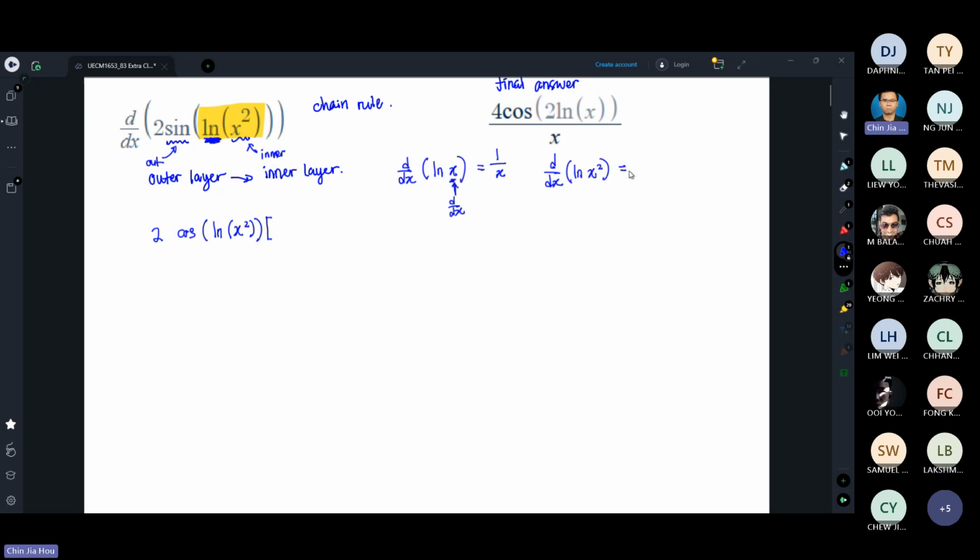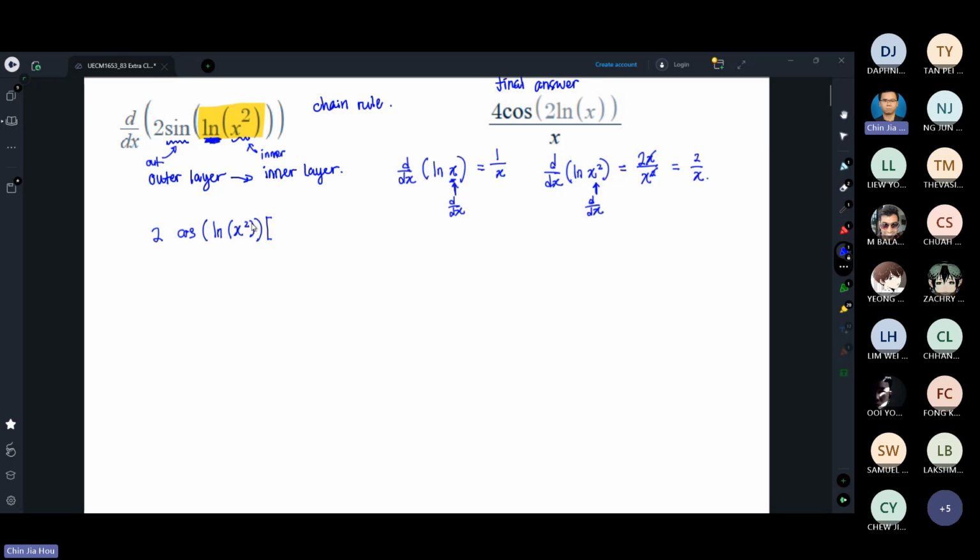Applying the same logic, we have x squared in the denominator, and then we differentiate the x squared, which gives 2x, which upon cancellation of terms gives 2 over x.